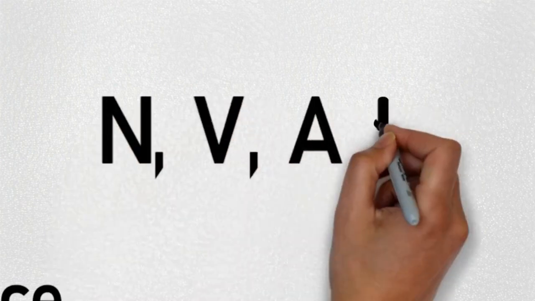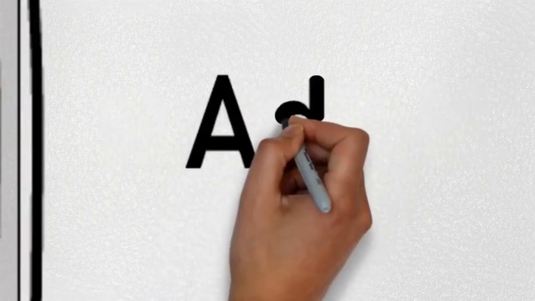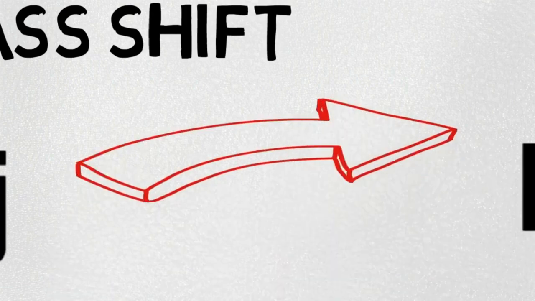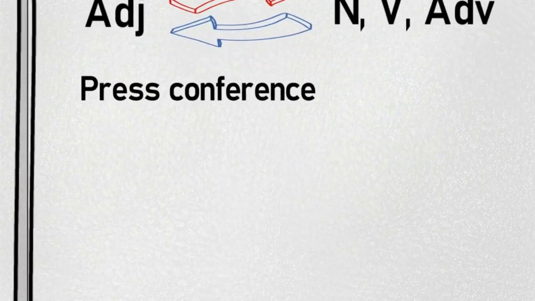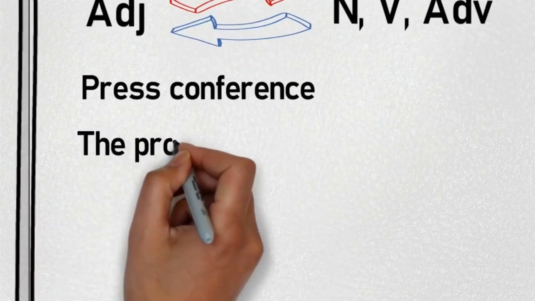Sometimes class shift, that's to change any part of speech into another part, such as noun to verb, adjective to noun, etc., is inescapable to adapt a word to the syntactic system of the target language.